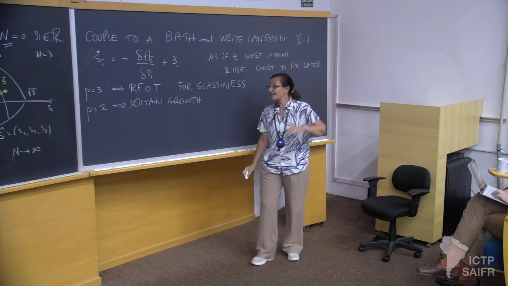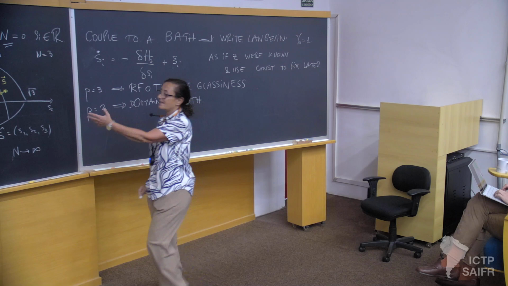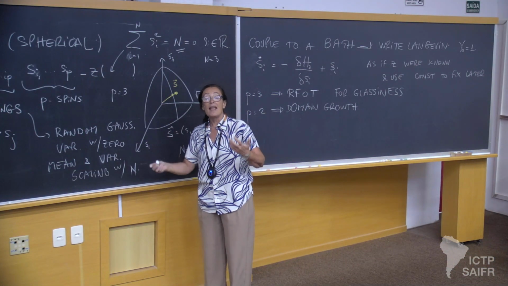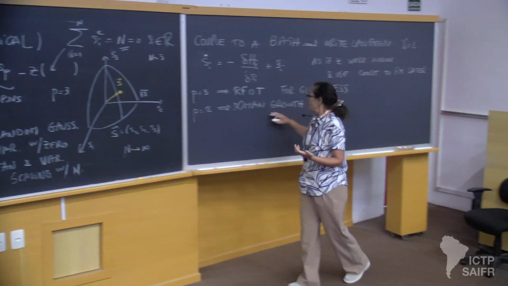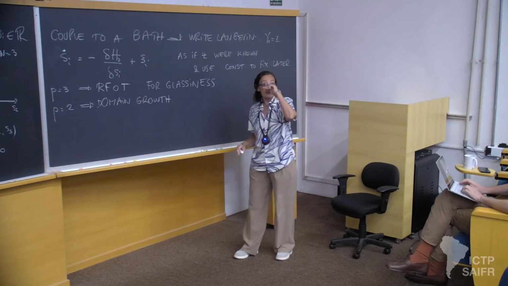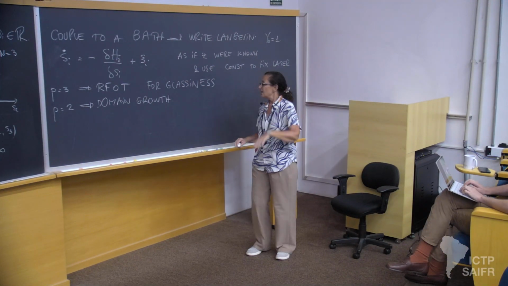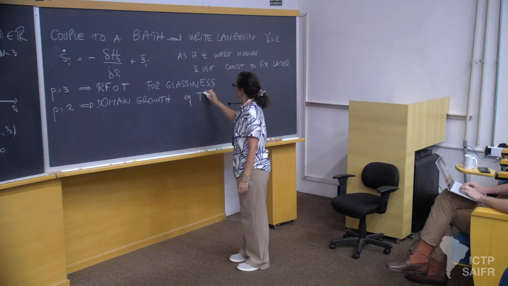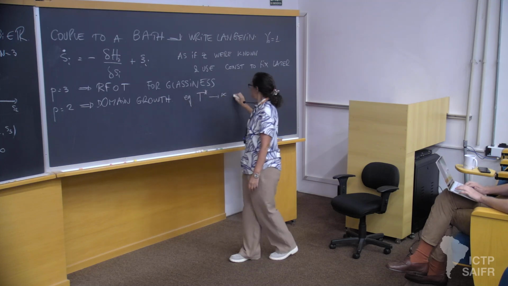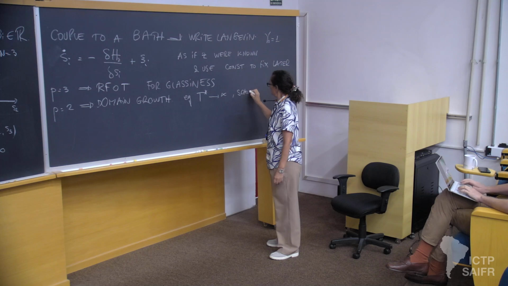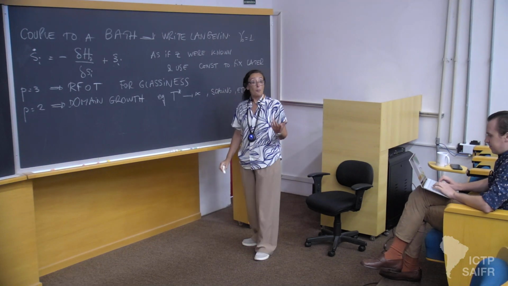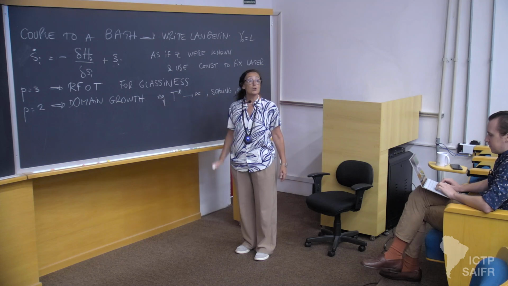You can complain and say, where is the space here? I mean, everybody is interacting with everybody else. When I say you get domain growth, I mean that you get the properties of domain growth, like, for example, T star going to infinity, scaling, and some other features of domain growth for p equals 2.